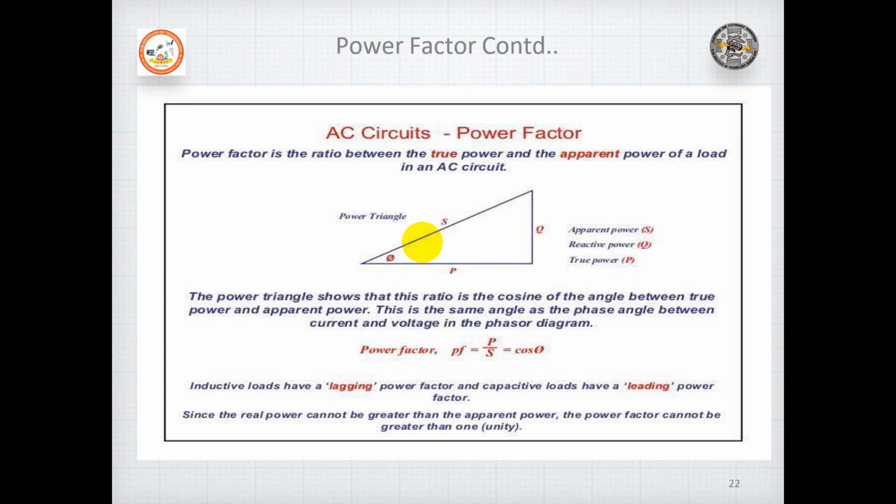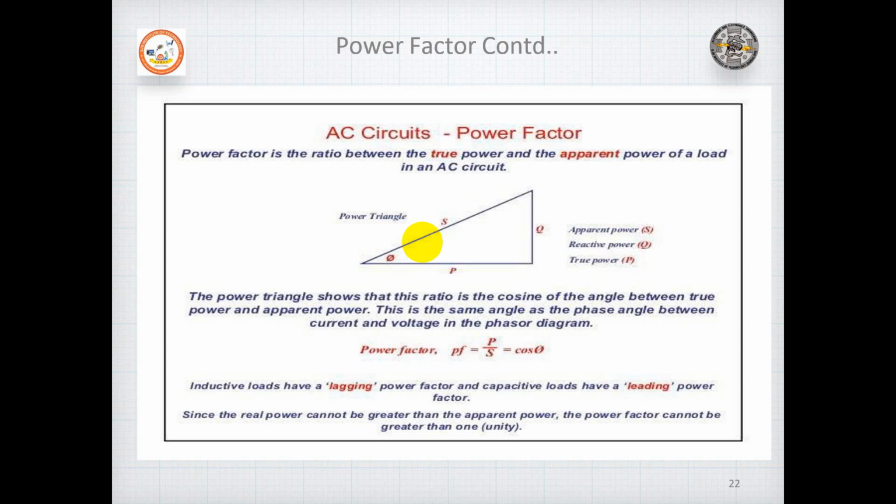This is the same angle as the phase angle between current and voltage in the phasor diagram we discussed. So cos phi is adjacent side by hypotenuse, that is P by S. And tan phi is opposite side by adjacent side, that is Q by P.